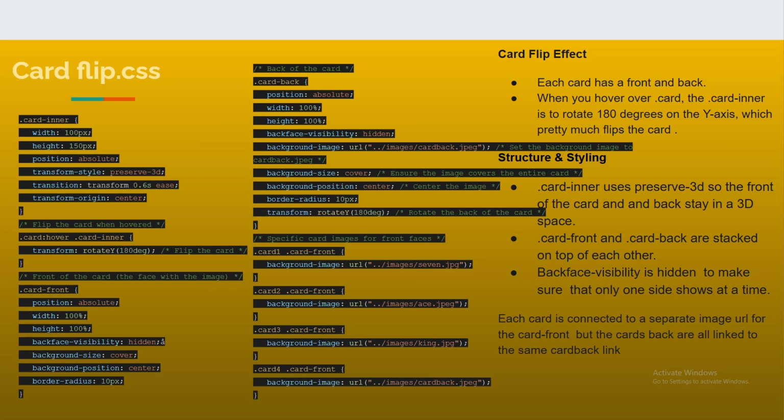And then it uses preserve-3d so that the front of the card and the back stay in the 3D space, and the card front and card back are stacked up on top of each other, and the backface visibility is the part where it keeps it hidden to make sure only one side is shown at a time instead of both sides showing at the same time. Each card is connected to a separate image URL for the front portion of the card, but the back is all linked to the same back card image.